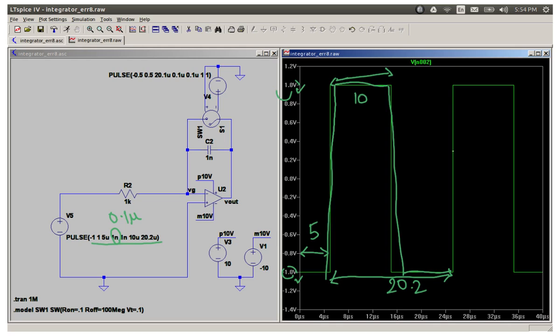The next period again starts here, so you don't have to consider the next period. So that's why I had added a little bit more, 0.2. And if I hadn't added that, if I had said 10, 20 micro, 10 micro, and I had put 0.1 microseconds for rise and fall, I would have had a different problem.